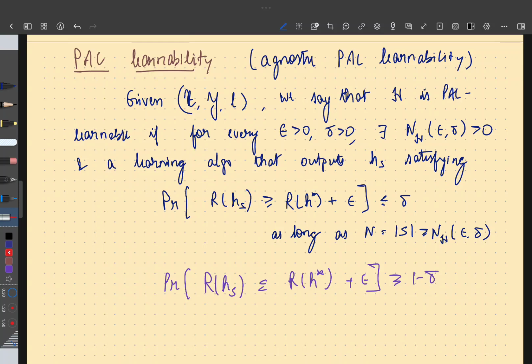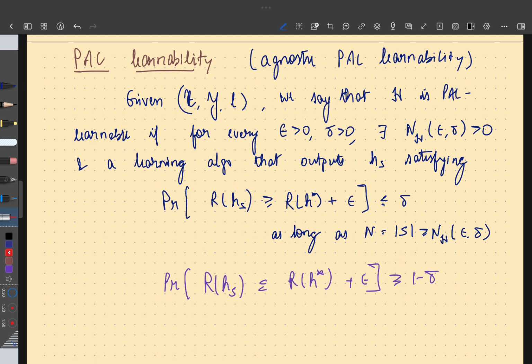A learning algorithm you can think of as a black box that takes as input a data set and outputs a predictor. So H is PAC learnable if there is some algorithm which takes S as input and outputs a predictor h_S whose average risk is guaranteed to be within epsilon of the best possible average risk within this class with probability at least 1 minus delta.